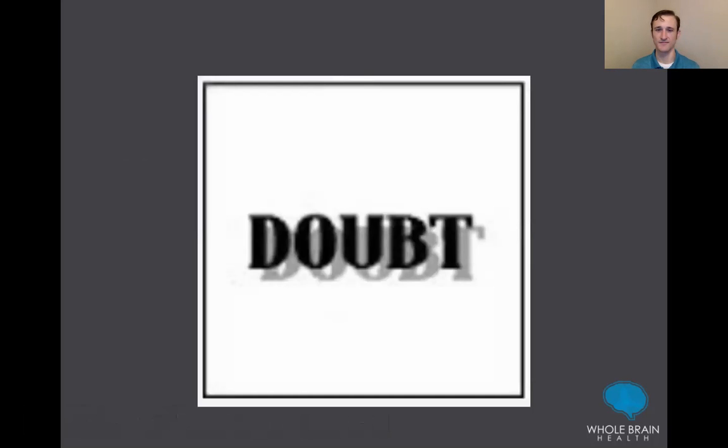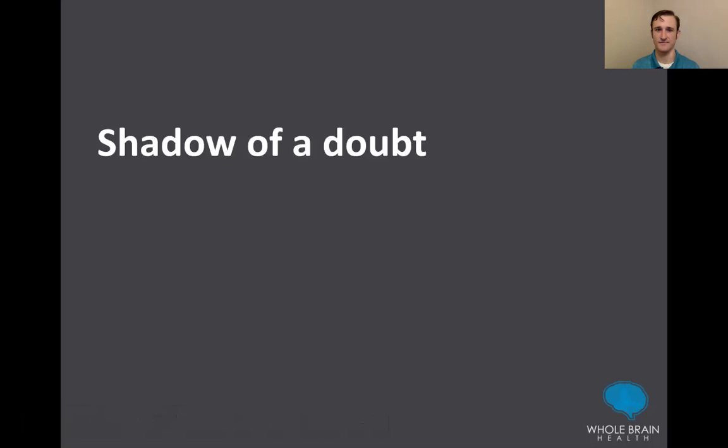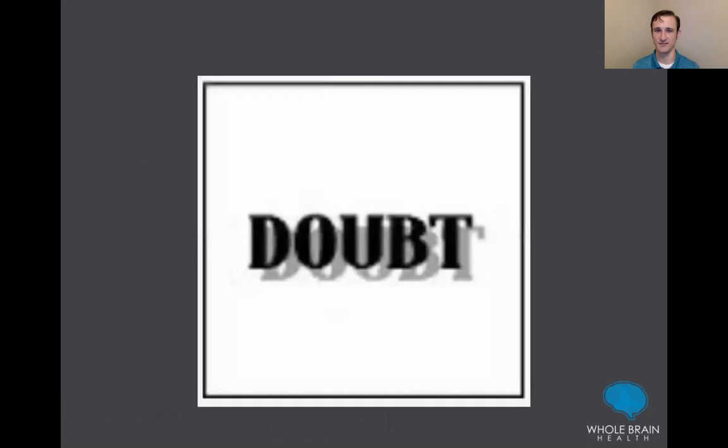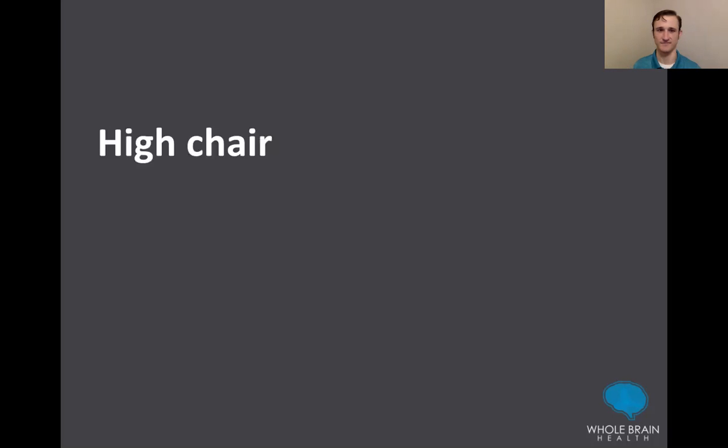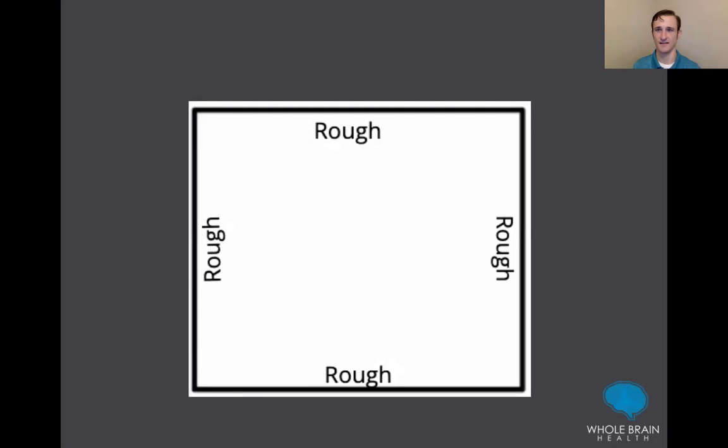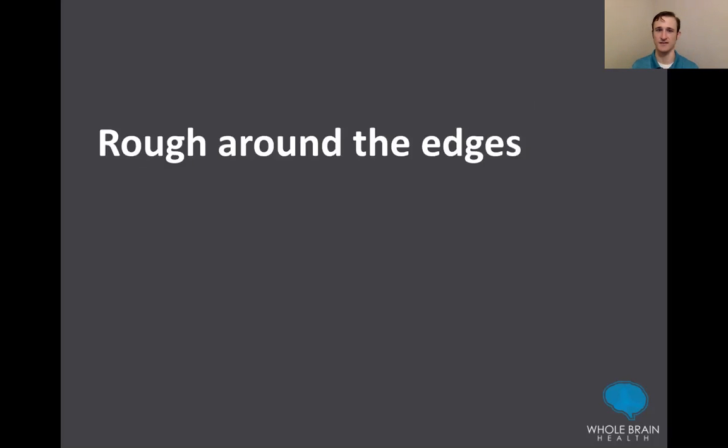And this one, shadow of a doubt. You see the shadow of the word doubt. High chair. And this one, rough is where? Where are the roughs? The roughs are around the edges, rough around the edges.